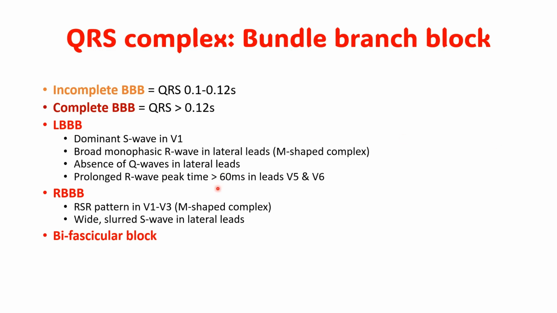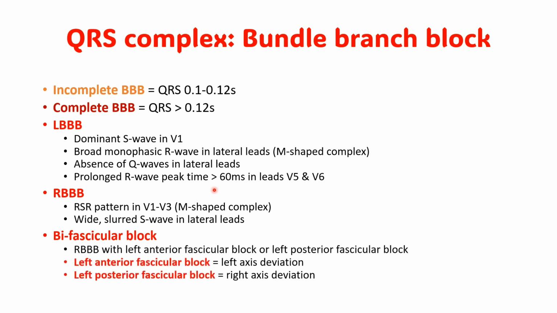Okay, and we also have something called a bifascicular block, and this is when we have right bundle branch block with left anterior fascicular block or left posterior fascicular block. Okay, so our left bundle branch splits into an anterior fascicle and a posterior fascicle too.